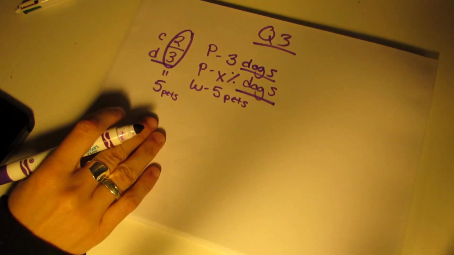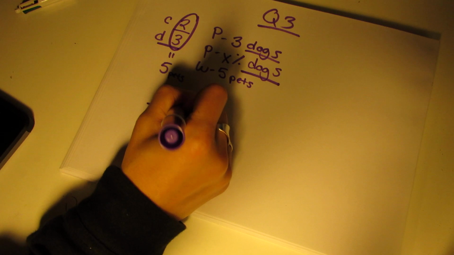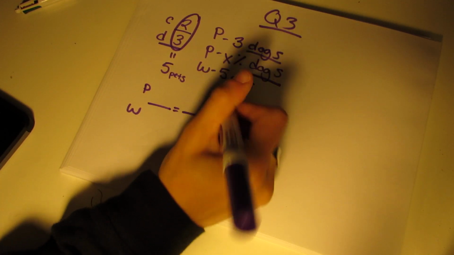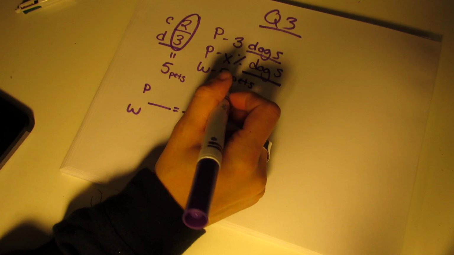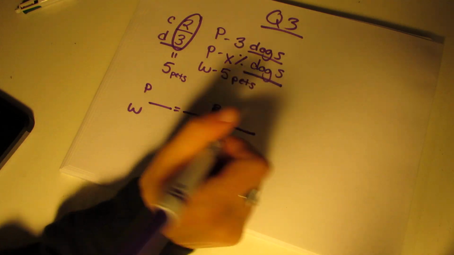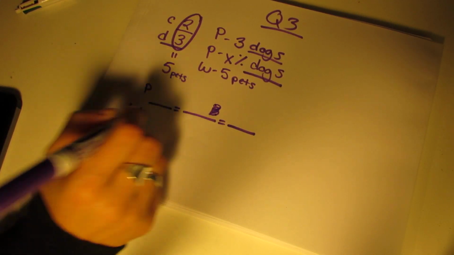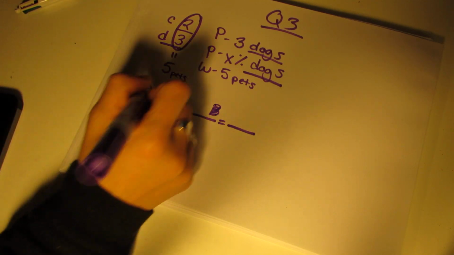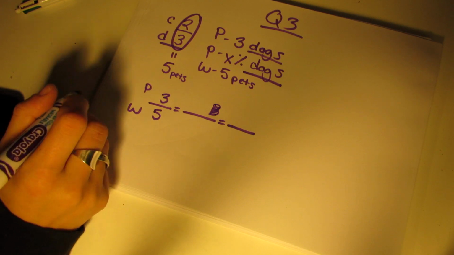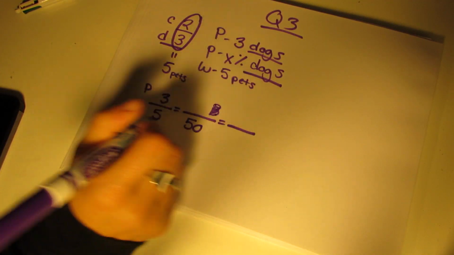Since our parts match, I can go ahead and set up a percent proportion. Actually, let's do a 2-step, meaning I'll set up my proportion where you have 3 dogs out of 5 pets total. And now I also know that I have 50 pets total.